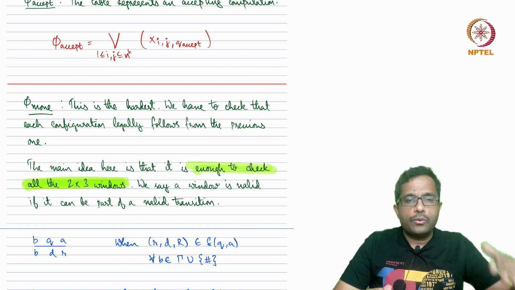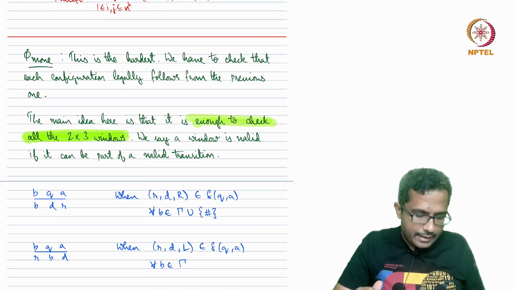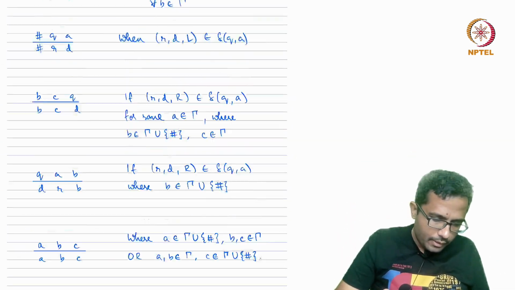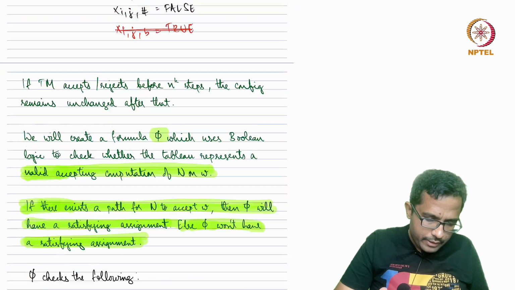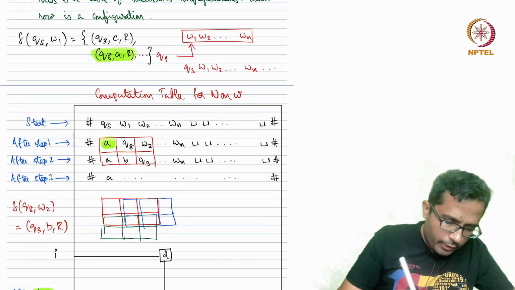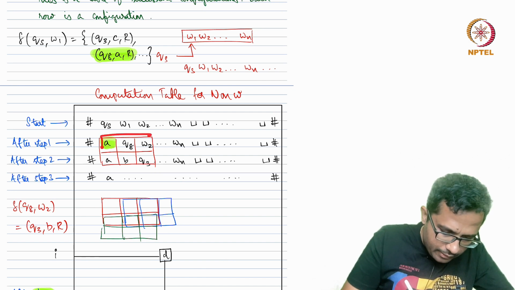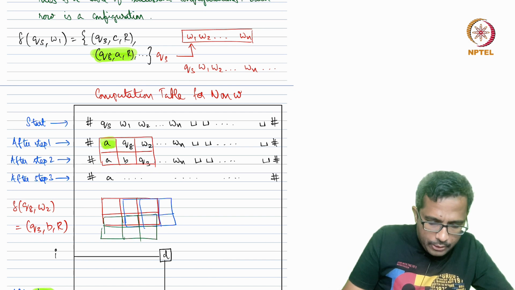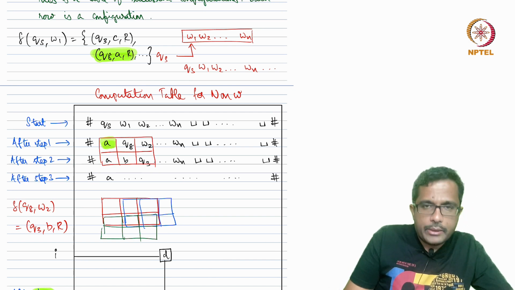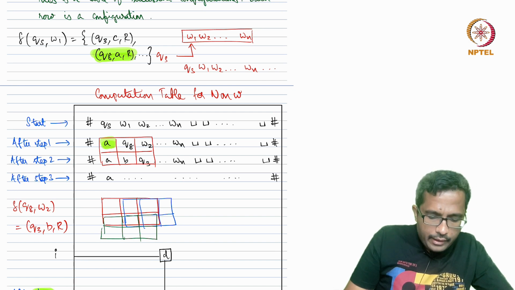So if there are 2 configurations, for instance, we saw here the window that is marked over here, where A Q8 W2 over A B Q3. So the Q8 was in the center here, and after some valid move, the tape head moved to the right.